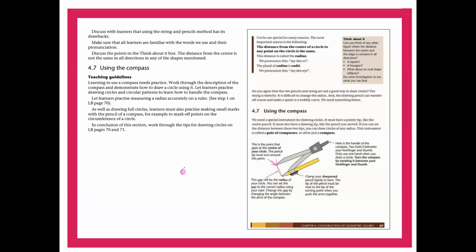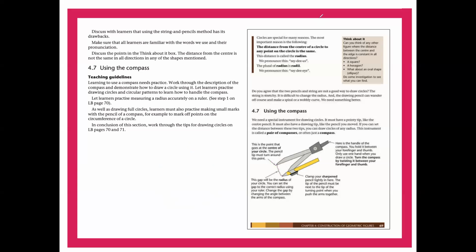You keep this fixed, then you turn the handle. Here is where the pencil is. As you turn the handle, the pencil is going to move around like that. If you measured a radius of 3, the distance over there will be 3, the distance over here will be 3. So at any point from the center of the circle to the circumference, the distance will be 3.